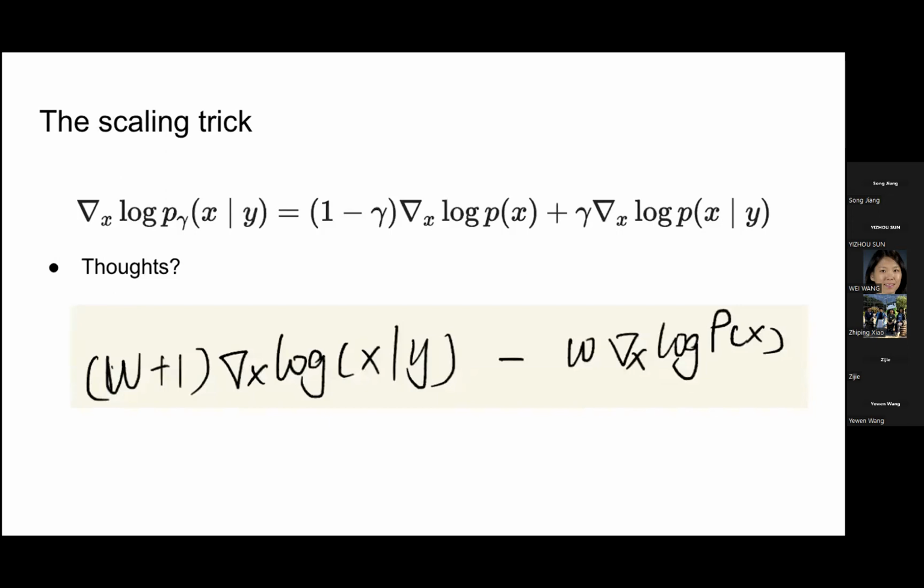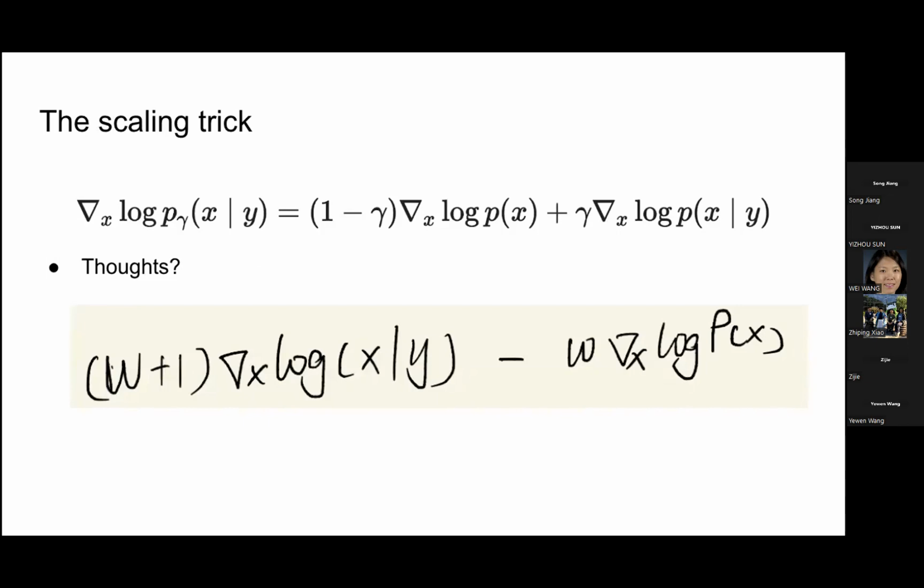Seems like the second term is doing some sort of calibration. And also the second term doesn't depend on the condition. So I'm just thinking, if you already have a condition there and you don't do this kind of calibration.